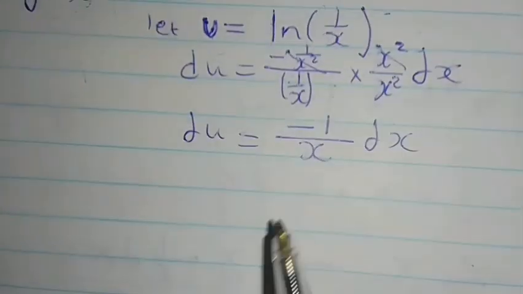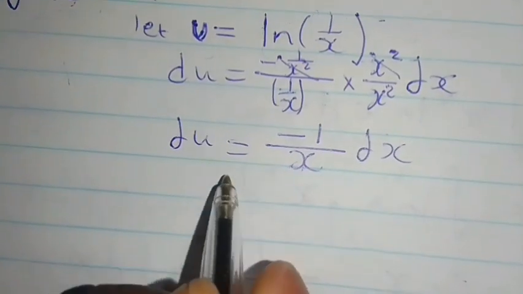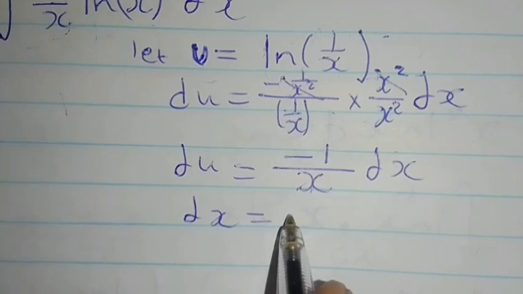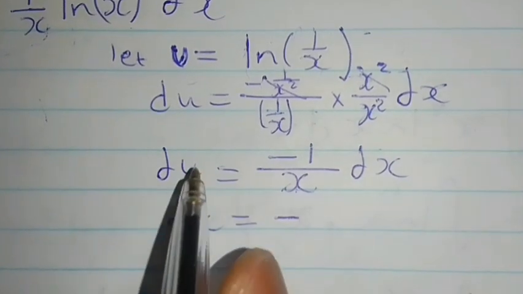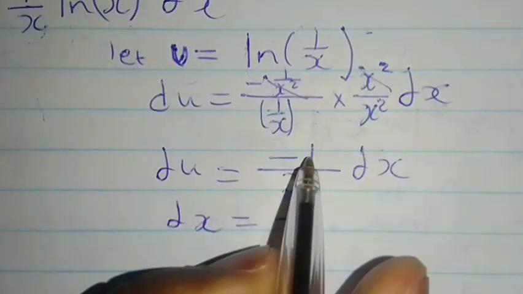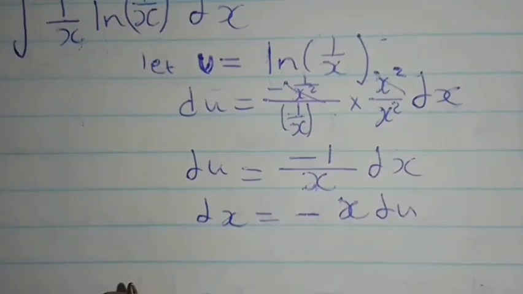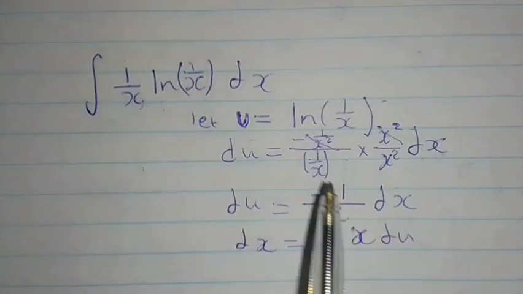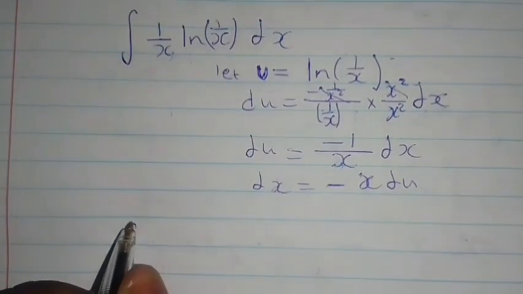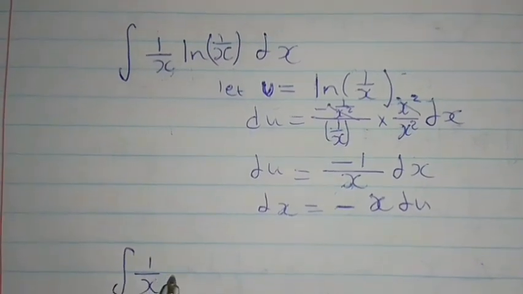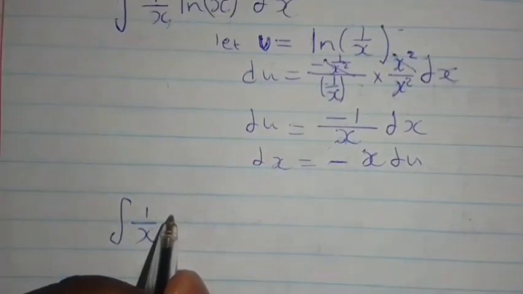Du is going to be minus 1 over x dx, and if you solve for dx in this case, you realize that dx will be minus x du. Then you plug that in, then you have the integral of 1 over x, where the natural log of 1 over x is u.